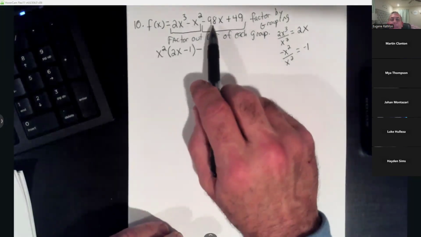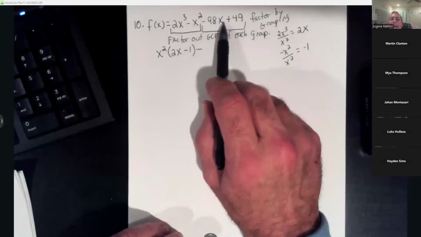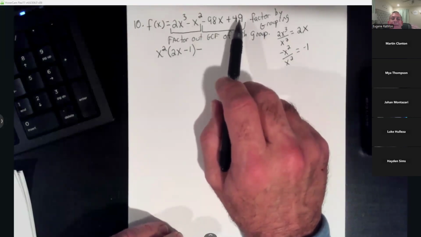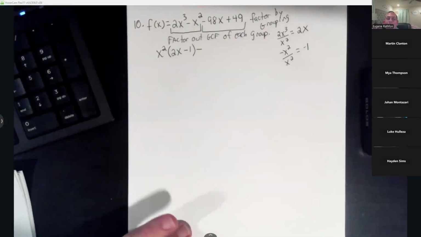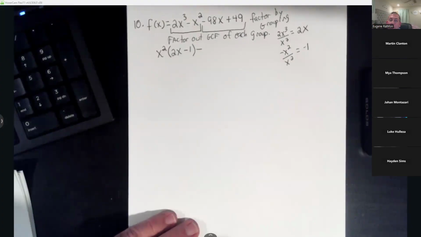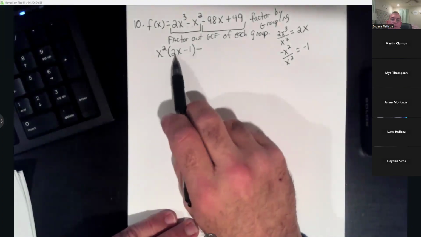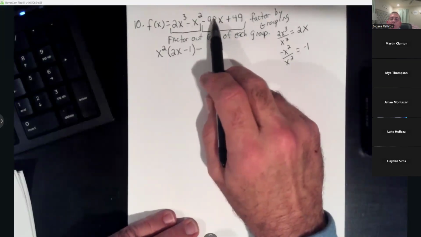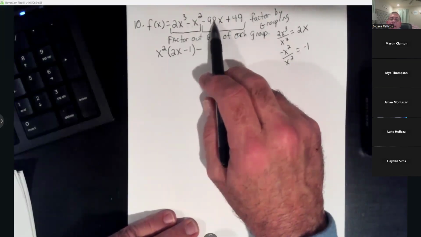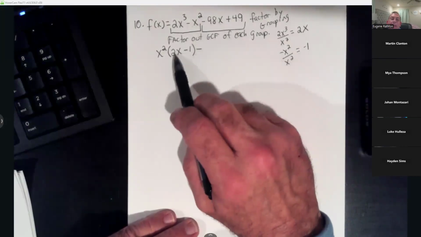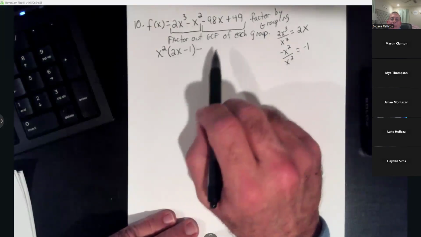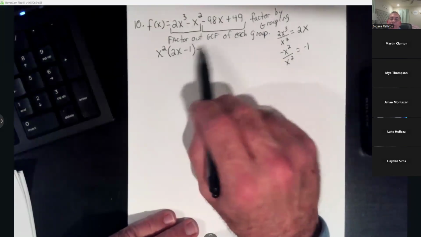So let's see. A 98x and a 49. I wonder what their greatest common factor is. And y'all, I'm going to give you a clue. You need to get a 2 inside them parentheses. So what could you take 98 and divide by to get me a 2? That's going to be the second GCF. Because remember, these parentheses got to match up.